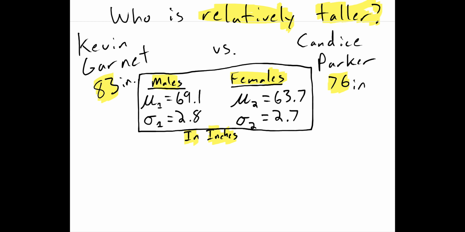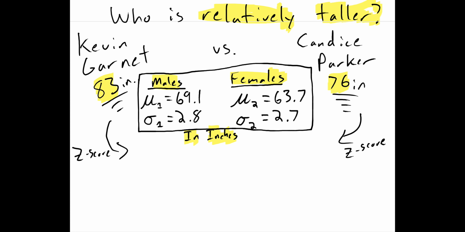And so to do that, we're going to put their heights on equal playing fields by using z-scores. So we're going to find the z-score for Kevin Garnett's height, and we're going to find the z-score for Candice Parker's height, and that is going to essentially be a more equal playing field to compare who is taller.